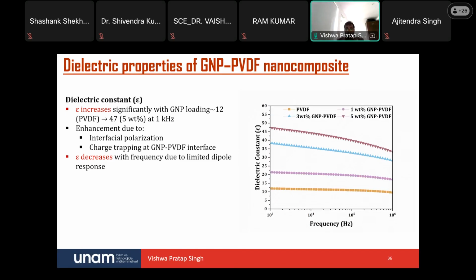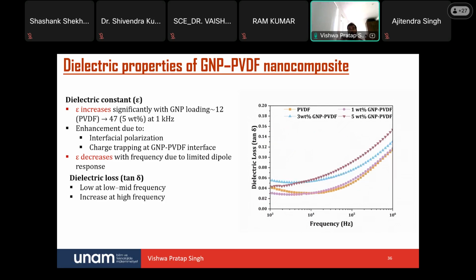Also, they have a higher interfacial interaction with PVDF because of carbon and graphitic structure. It got a higher dielectric constant as compared to previous SnO2 and also this other one. And we also came to know that there is very little difference in the dielectric loss, so it's good.